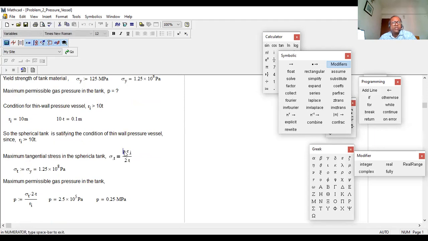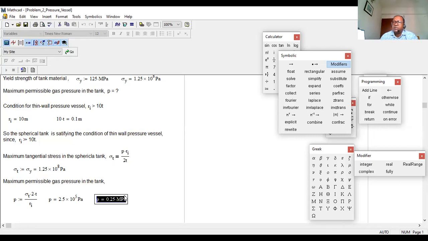We need to figure out this P. We don't know sigma T. The maximum sigma T value will be the yield strength of the material. So we say sigma T equals sigma Y. You put this here, put the values of Ri and T, then figure out the pressure from this formula. I'm getting a pressure of 0.25 megapascal.